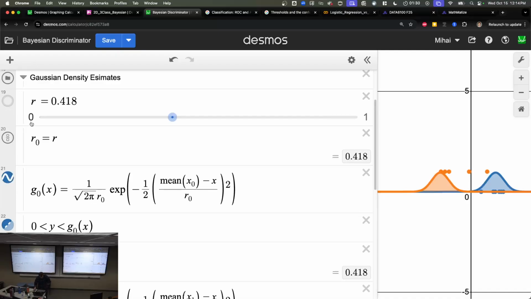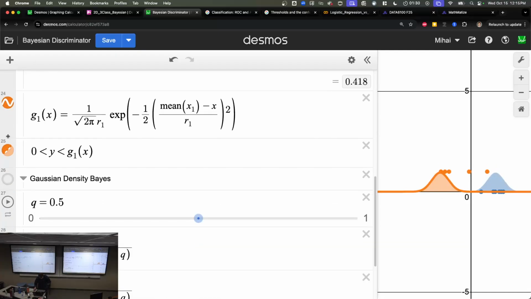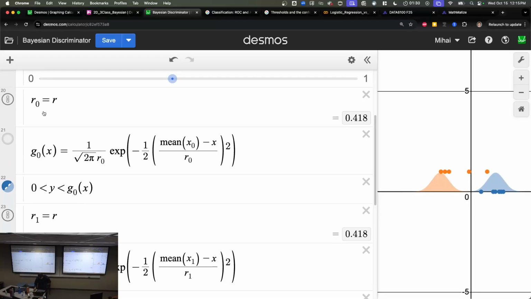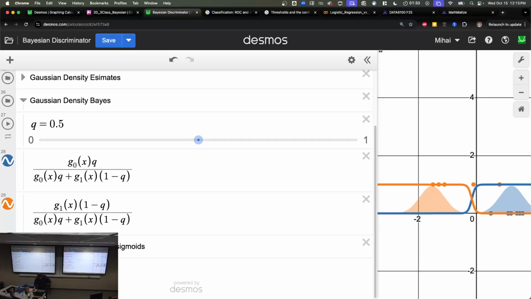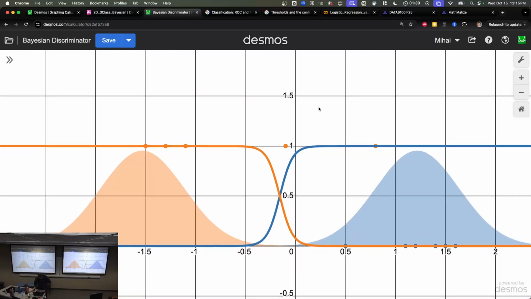Let me make these areas only so we don't get confused on which curve is which. And now let me turn these curves on. So beautiful, nice discriminator. You have the orange mountain, the blue mountain, and then you do the ratio, and that gives you this nice discriminator. And it says, for example, this point in the middle has a 50-50 chance of being blue or orange.